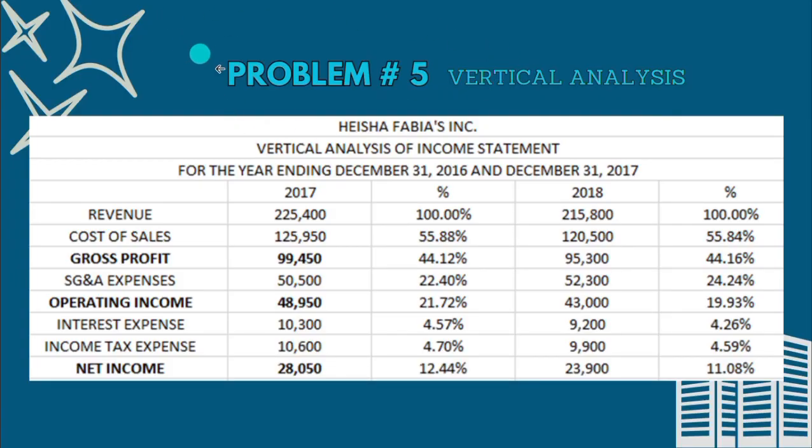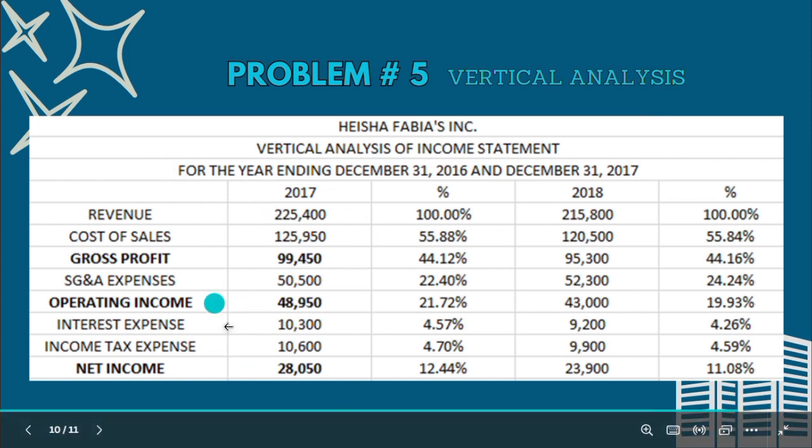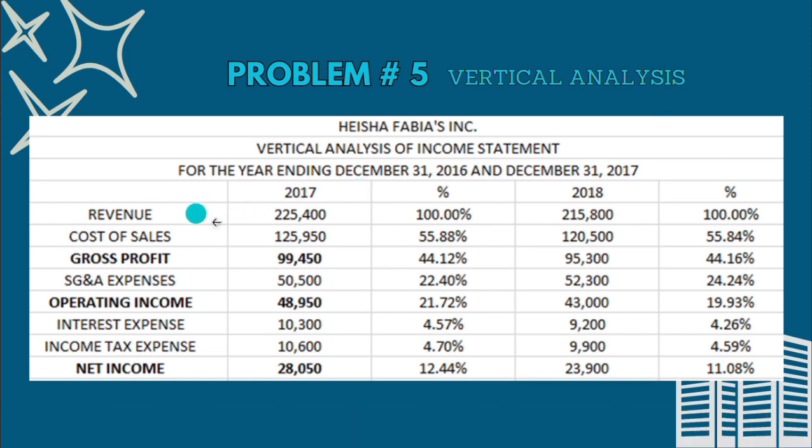So, for this slide which is the problem or the last problem na i-discuss natin. Again, a vertical analysis of an income statement of Hacia Pabias Incorporation for the year ending December 31, 2016 and December 31, 2017. So, again, ang computation natin is patayo. So, for 2017, meron silang revenue na 225,400.